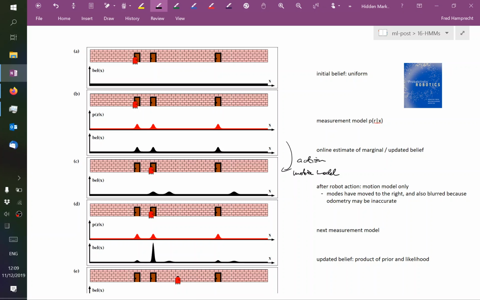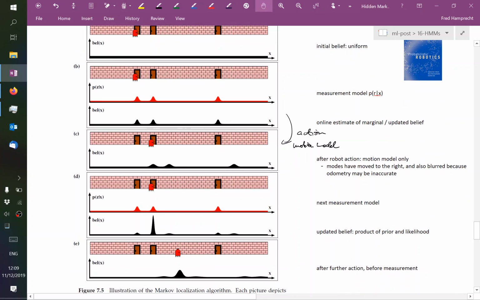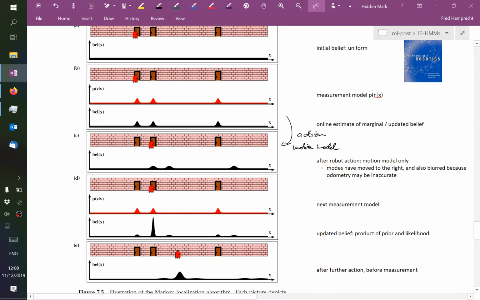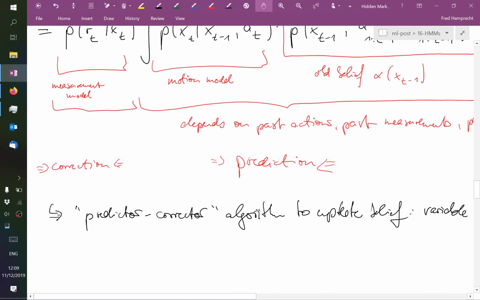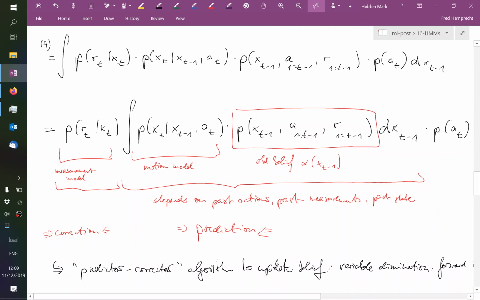And then we multiply this with the likelihood obtained from the next measurement to get the updated belief here. So the pictures are an iteration of this equation here.